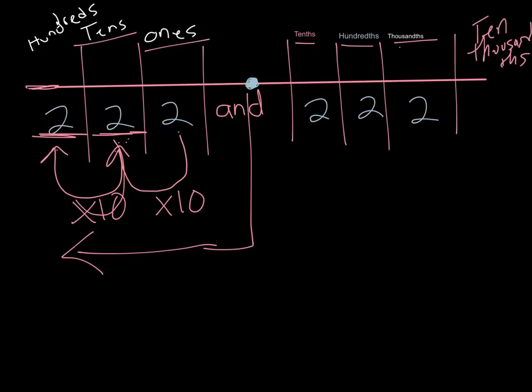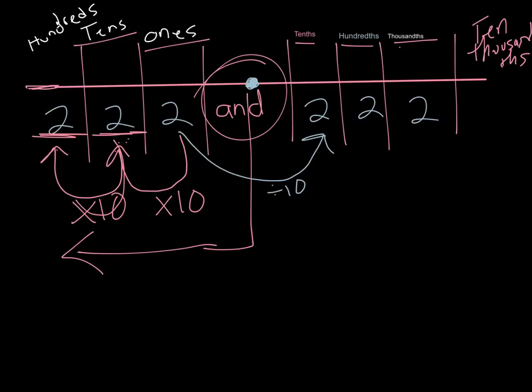And as you start from the "and," or from the decimal, the first place value is tenths. What this means, if we went back to the worksheet, is take your whole number and divide it by 10. Going from the ones place to the tenths place is dividing by 10.